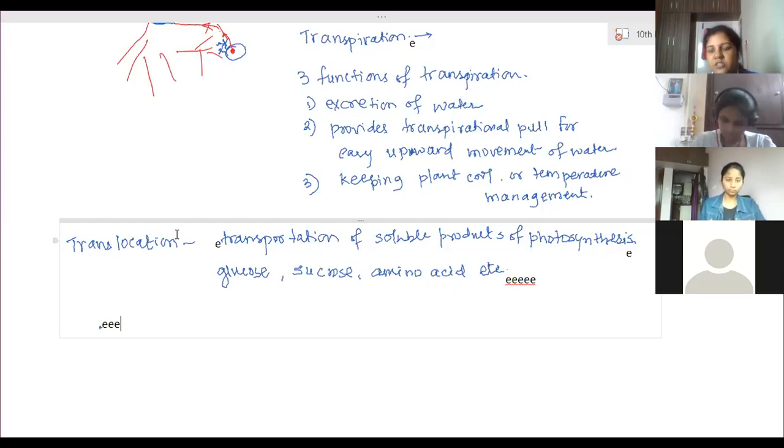So in whatever manner wherever the plant wants to transfer the energy, those products of photosynthesis will be transferred by this process from higher concentration to lower concentration by use of ATP molecules.